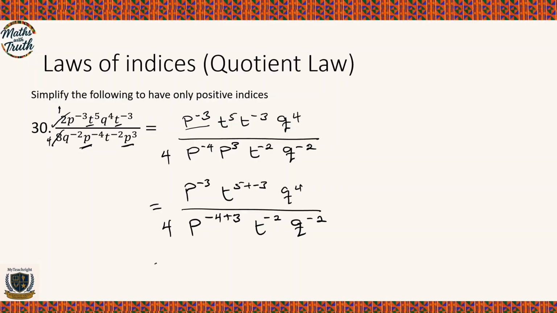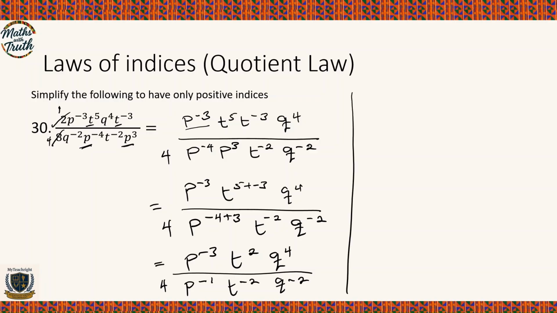Then we can simplify this as p exponent -3, t exponent 5 minus 3, that is 2, and q exponent 4 divided by 4 times p exponent -4 plus 3, that is -1, and then t exponent -2, and q exponent -2.